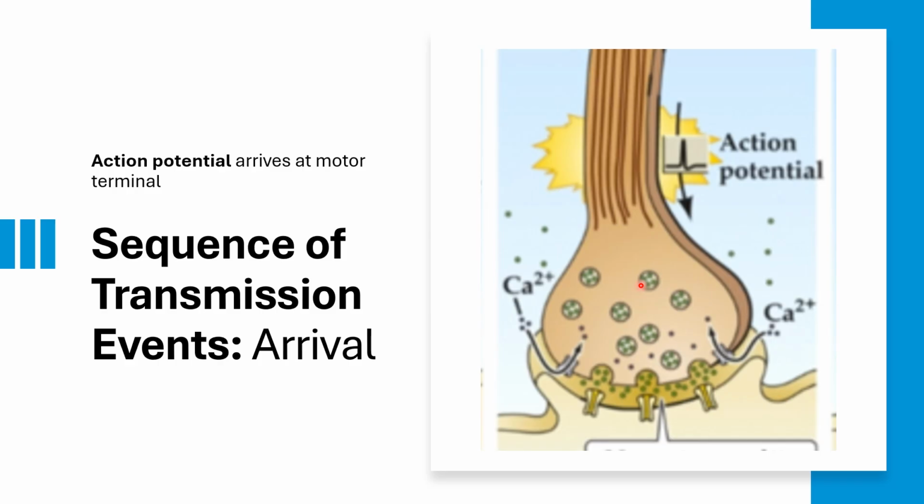The inside of the terminal briefly becomes positive at roughly plus 30 millivolts, causing a steep electrical gradient across the presynaptic membrane. Because this terminal lacks voltage-gated sodium channels for regeneration, the arriving impulse must trigger chemical release, and it does so through calcium.